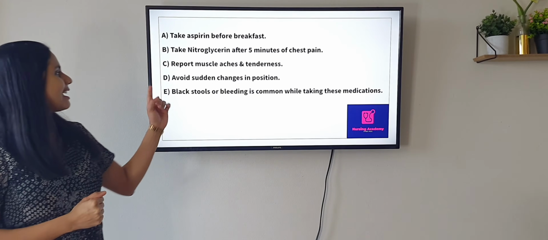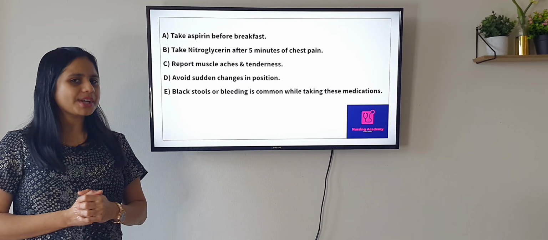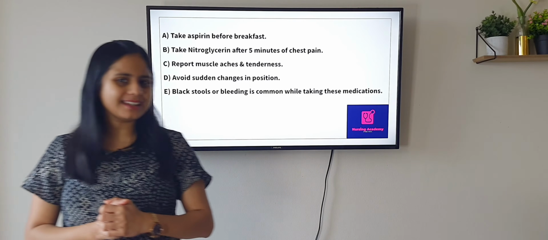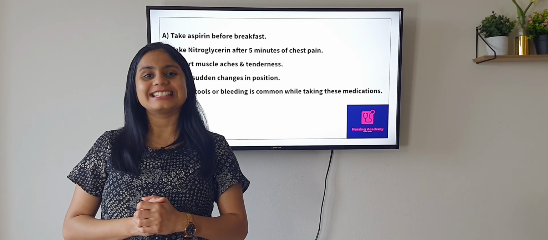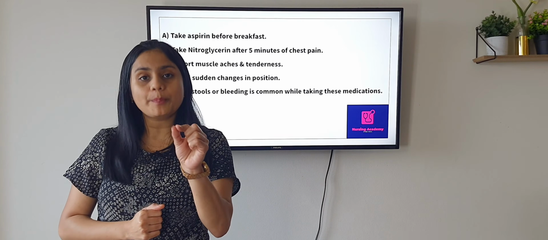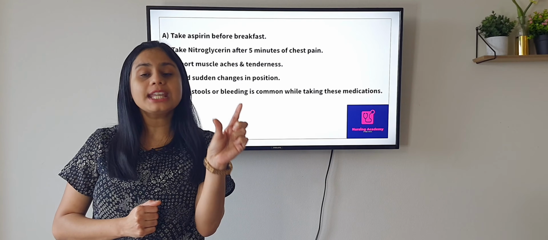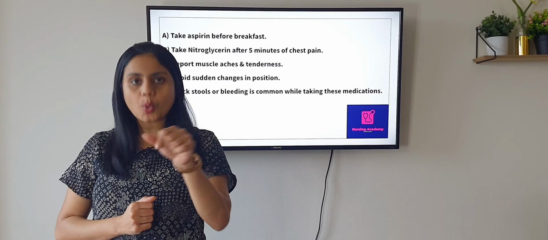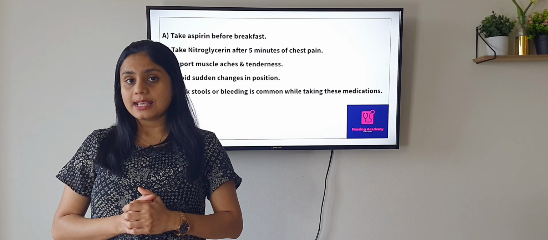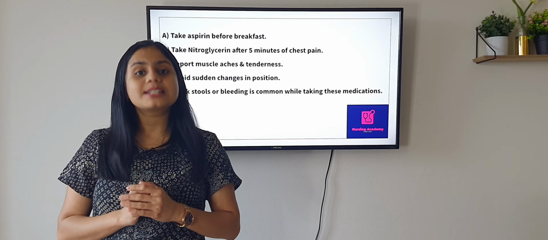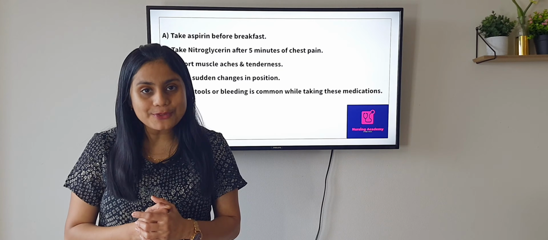Next is our option number D. What is it? Avoid sudden changes in position. Is there any drug that makes the patient dizzy? Yes. If we are taking drugs like metoprolol, propranolol, that is the LOL drugs, we have to take caution because these drugs may make us dizzy or cause orthostatic hypotension. So what do we have to take care of?